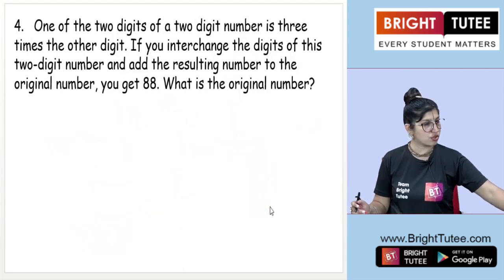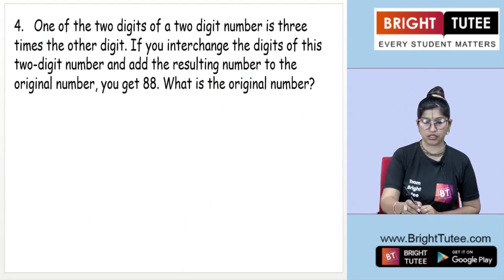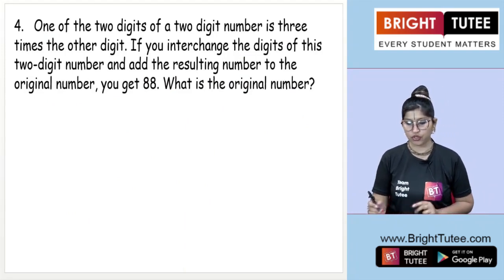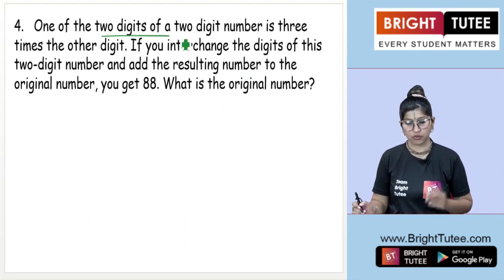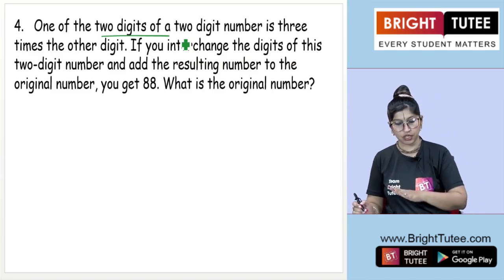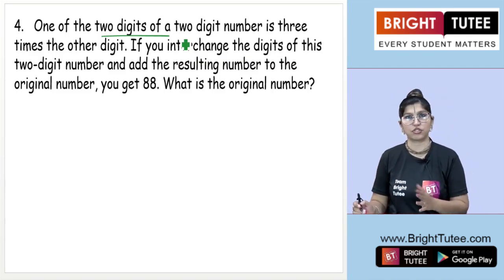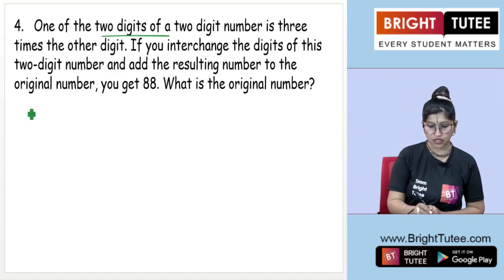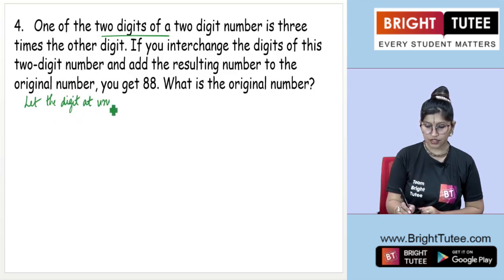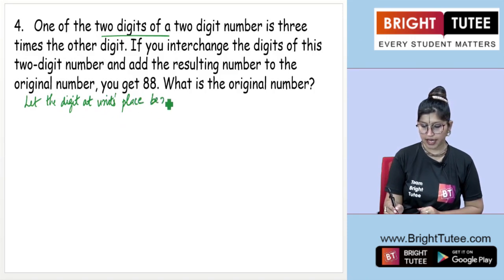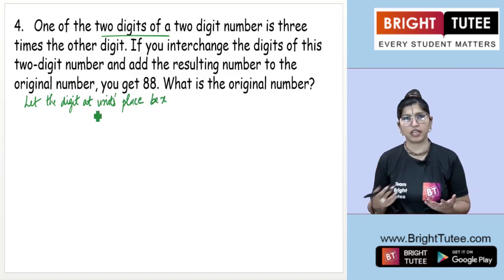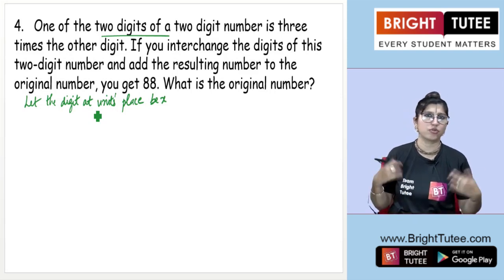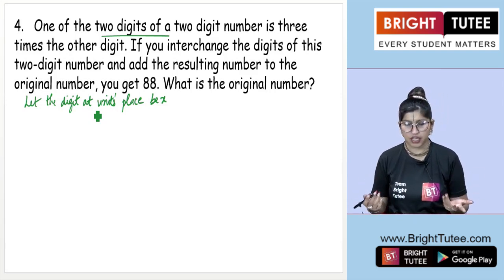Now moving on to the next question, which is one of the digits of a 2-digit number is 3 times the other digit. So we'll be going ahead with the same thing. Now let the digit at units place be x, or maybe you can take let the digit at tens place be x and units place be 3x or some other number.